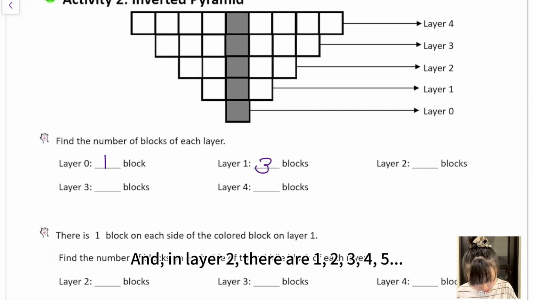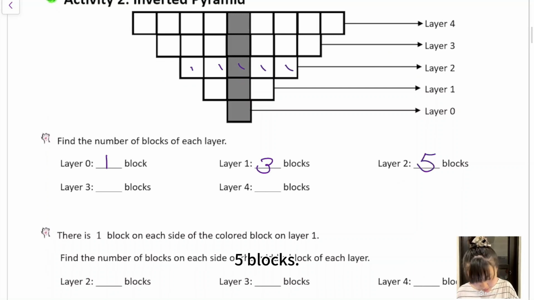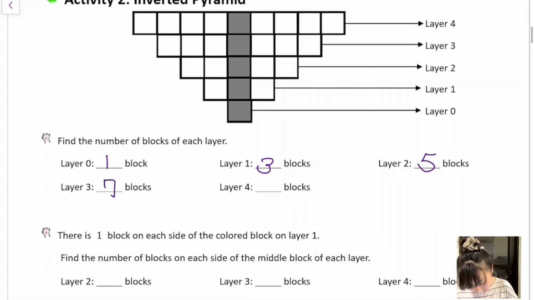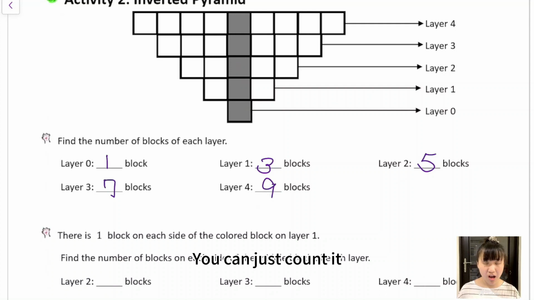And in layer 2, there are 1, 2, 3, 4, 5 blocks. So in layer 3, there are 7 blocks, and in layer 4, there are 9 blocks. You can just count it.